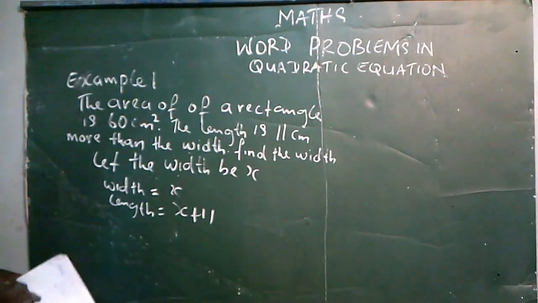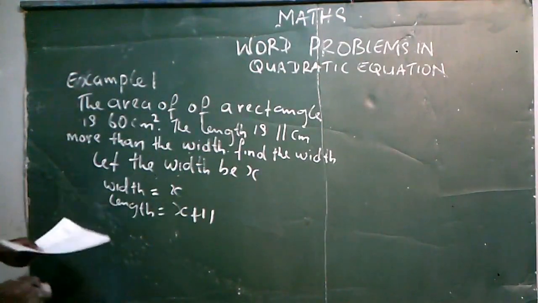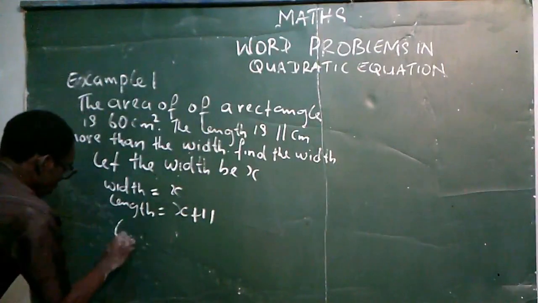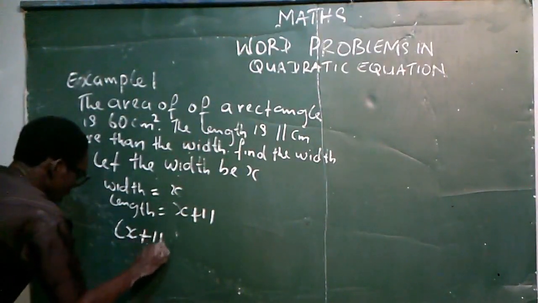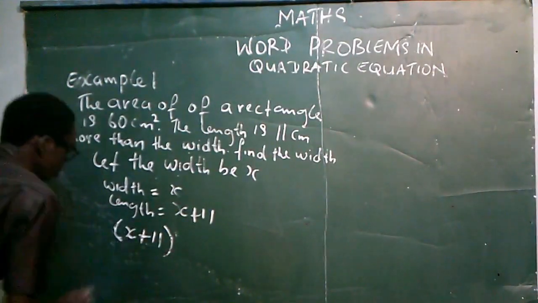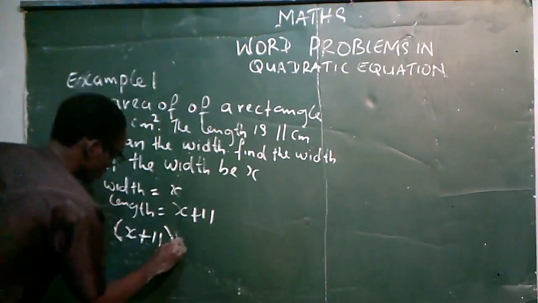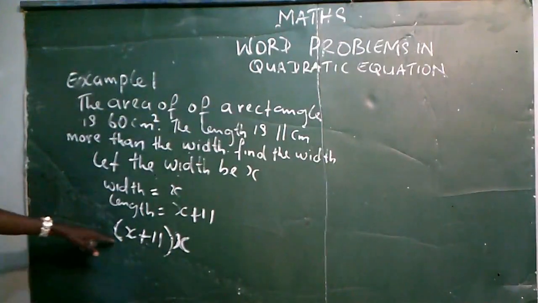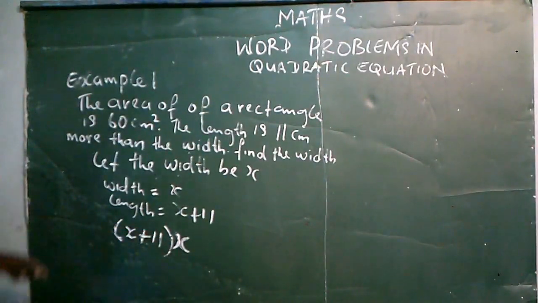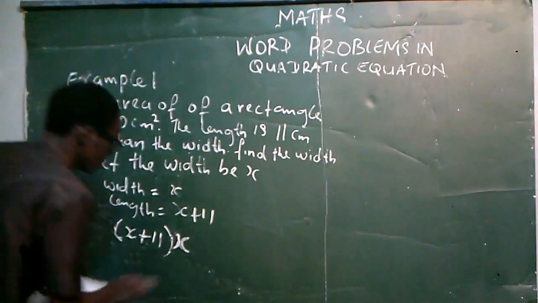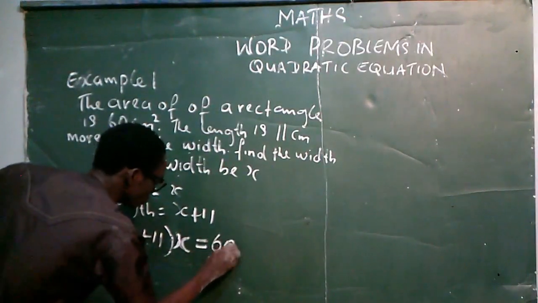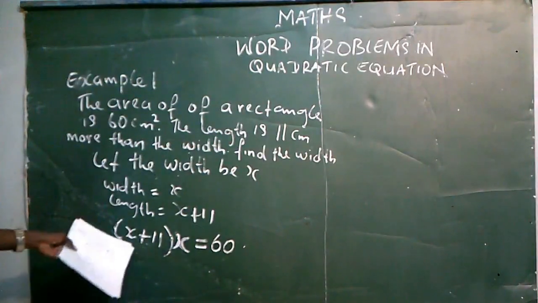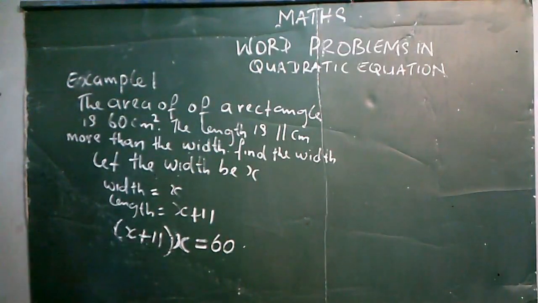We all know that the area of a rectangle is length times breadth. The length is x plus 11 and the breadth is x, so length times breadth, which is the area, equals 60 centimeters square. So we open bracket.